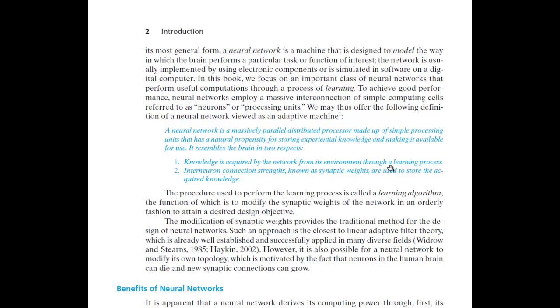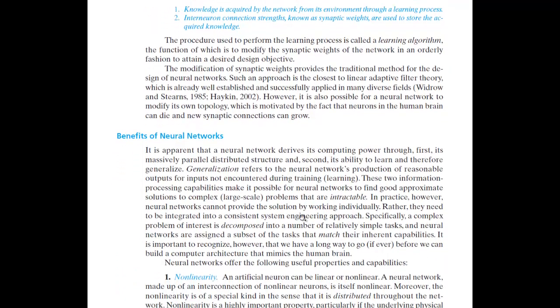So first is the learning process, so that we can get the information, and the second one is that the interneuron connection strengths, known as synaptic weights, are used to store the acquired knowledge. So then we are storing the information that we are getting. The procedure used to perform the learning is called the learning algorithm. That is the procedure to learn, and we call it the learning algorithm.